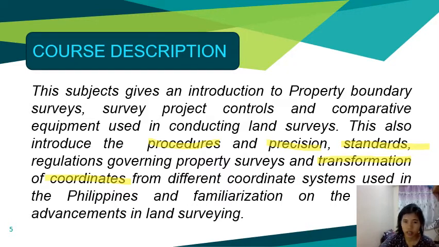And we're going to familiarize ourselves with the advancement of land surveying, because drones are being approved for land surveys. So the use of real-time kinematic instruments. Those are the advancement of land surveying. And we also need to update our knowledge on these new instruments and new techniques.